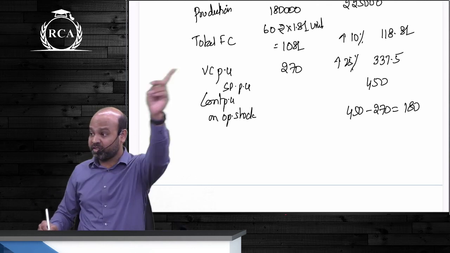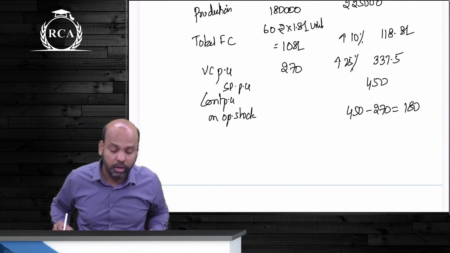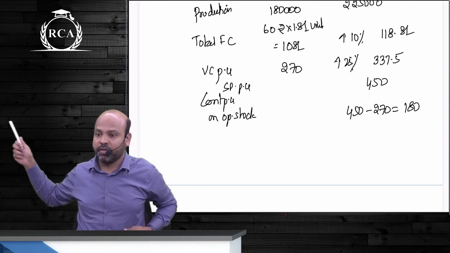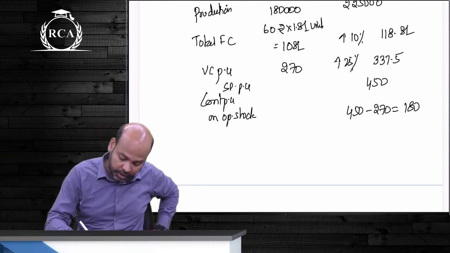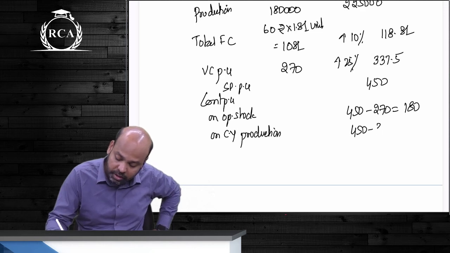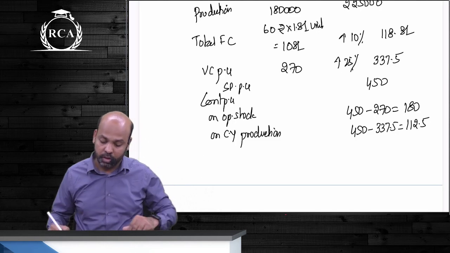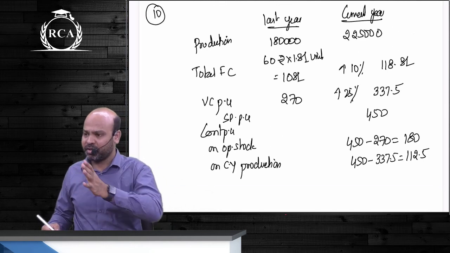Because opening stock must have been already manufactured in the previous year. At what cost per unit? 270, which is giving us a contribution of 180. On current year's production, how much contribution will you get? From 450, I will deduct 337.5, 112.5. Once this comes, the rest of the whole question is normal.